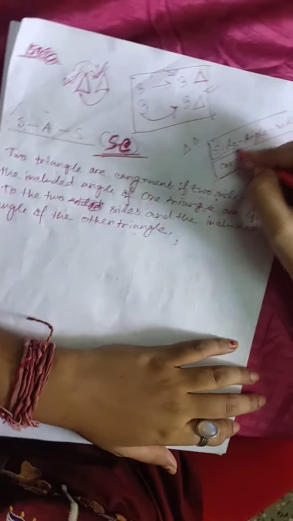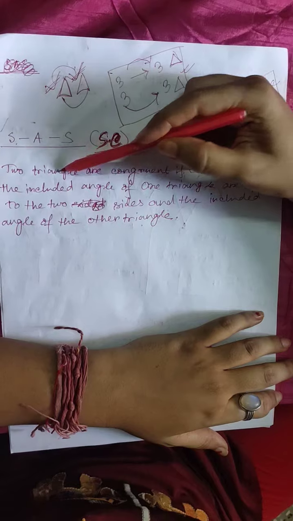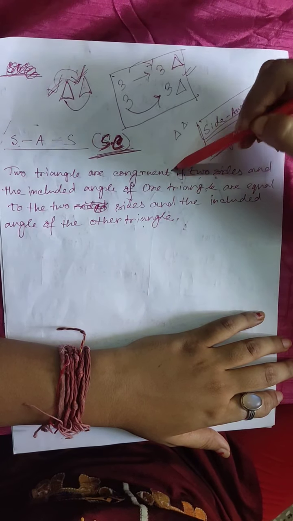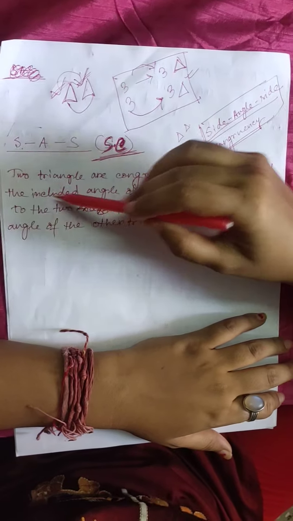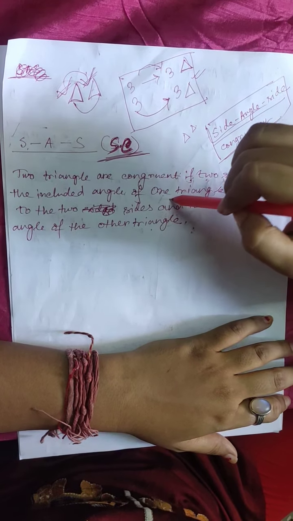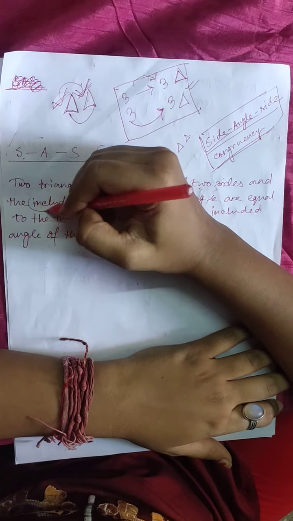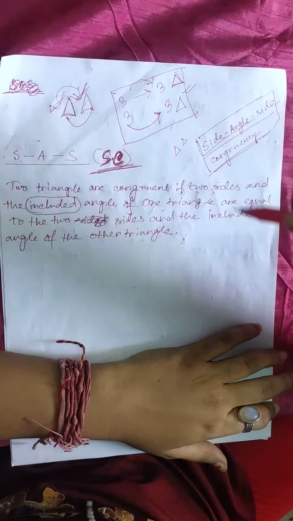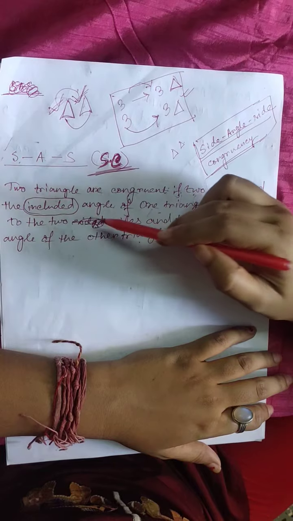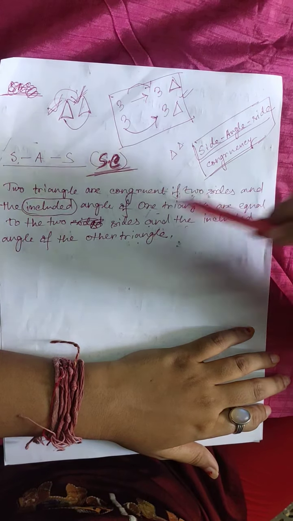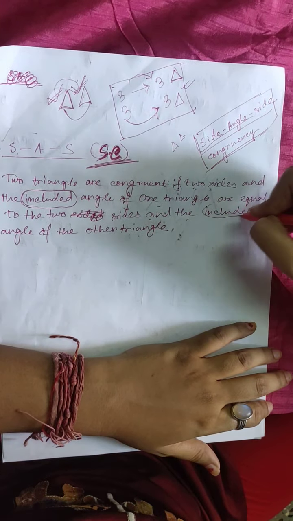Now what is SAS congruency? Two triangles are congruent if two sides and the included angle of one triangle, always remember this term, included angle, of one triangle are equal to the two sides and the included angle of the other triangle.